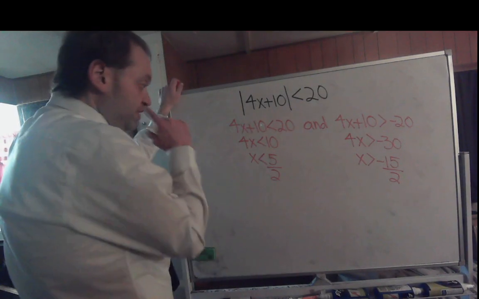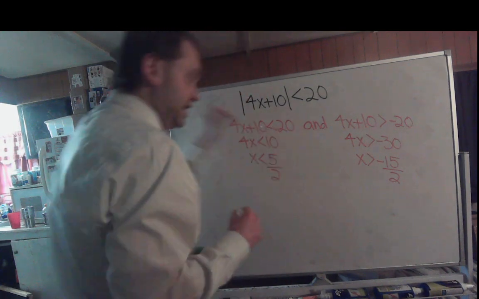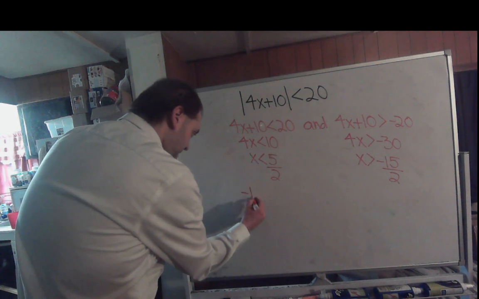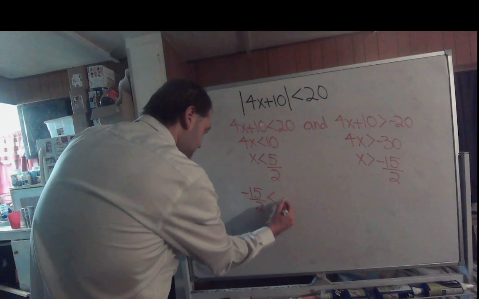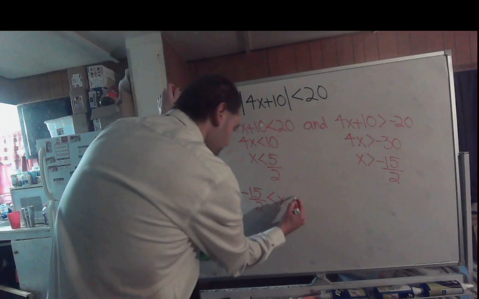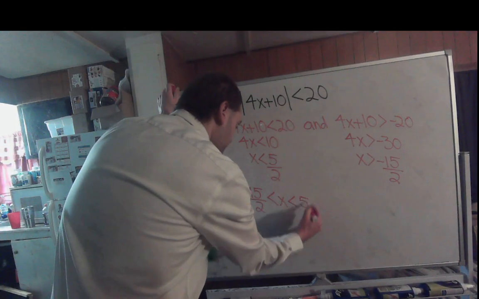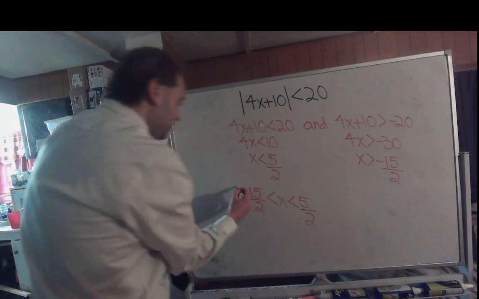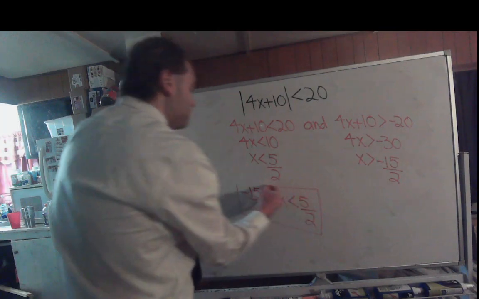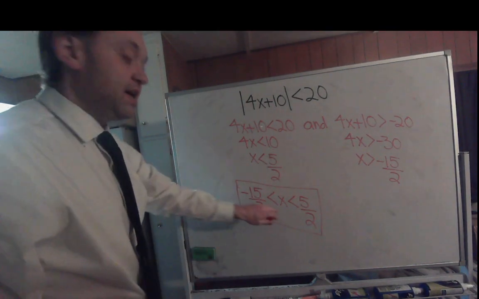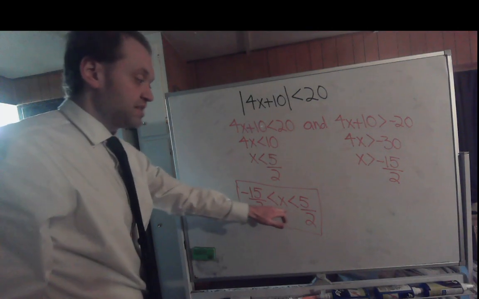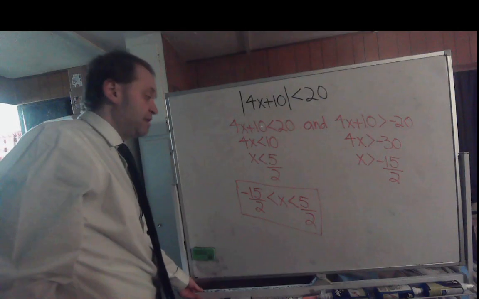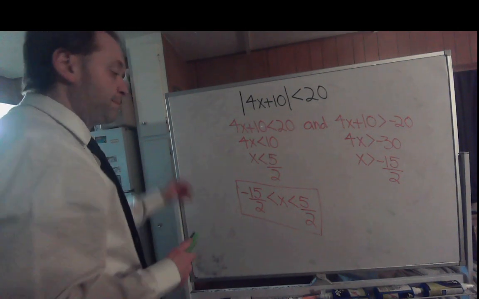So if x is greater than negative 15 halves, that means that negative 15 halves is less than x, and then x is less than 5 halves. So you can write this as a compound inequality. Whenever you end up with an and, you always get a compound inequality. So negative 15 halves is less than x, which is less than 5 halves. That would be your solution to this.